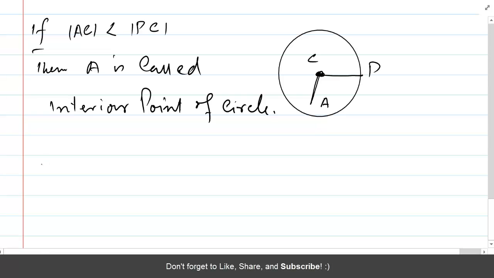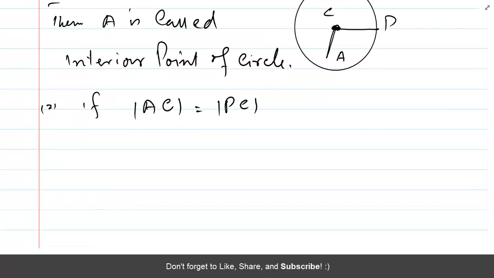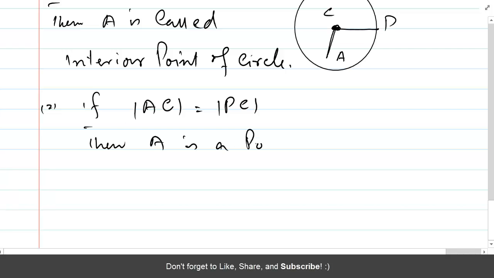If number 2, if AC is the same as PC, then as is clear from the definition, A is a point on the circle.